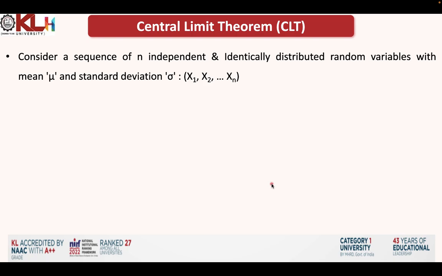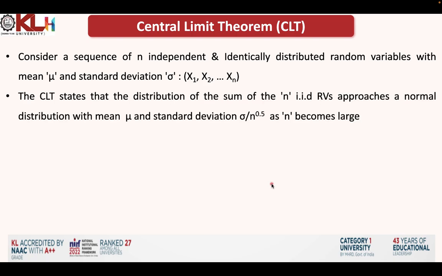If you consider n independent and identically distributed random variables with mean mu and standard deviation sigma, and the sum is the sum of these random variables, then what the central limit theorem states is that the distribution of the sum of these n identical and independent random variables approaches a normal distribution with mean mu and standard deviation sigma over square root of n as n becomes large.